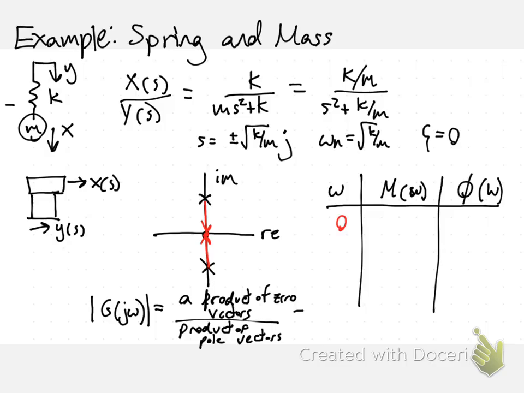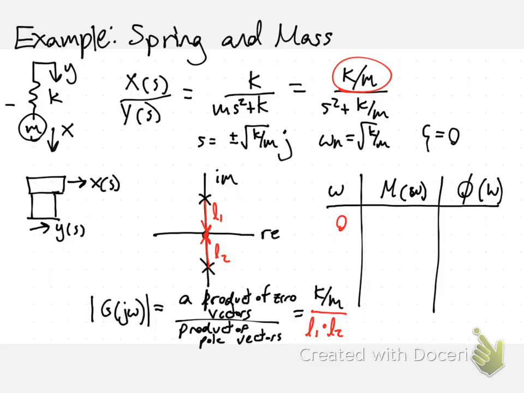For this example, the product of our pole vectors are just going to be those two, L1 and L2. We have no zero vectors, but we do have an A, which is going to be determined by that k over m. So our A value will have a value of k over m for this example.